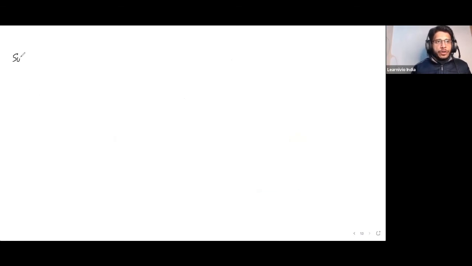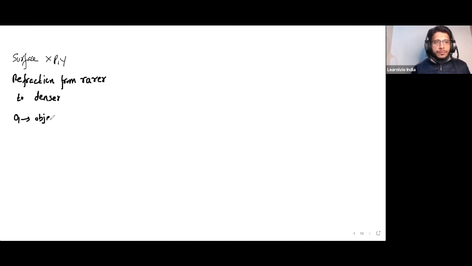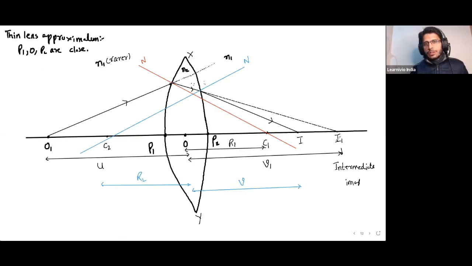Now let's start the derivation. I'm considering first the surface XP1Y. For the surface XP1Y, refraction is from rarer to denser. O1 is the object and I1 is the image.